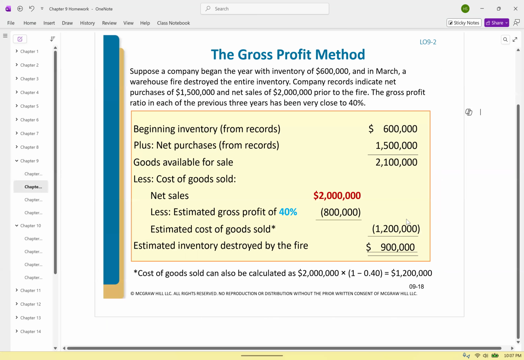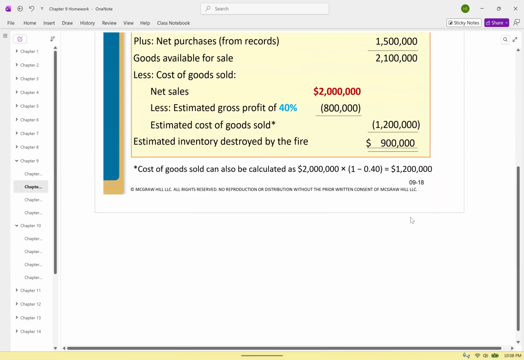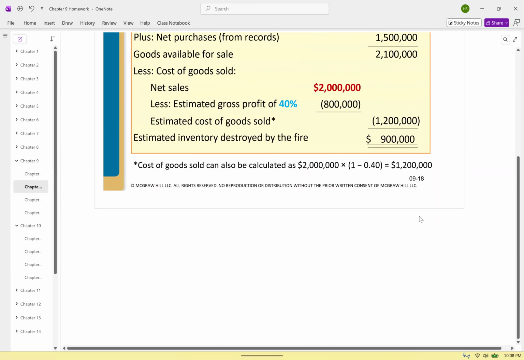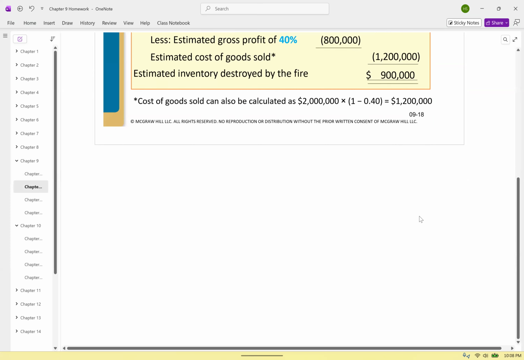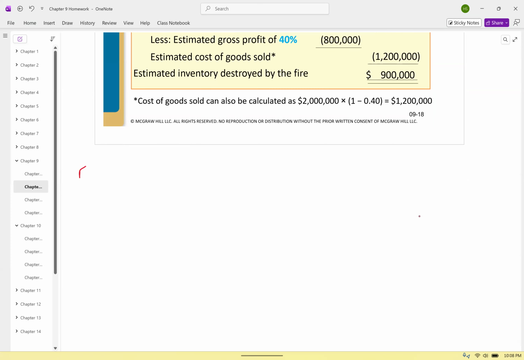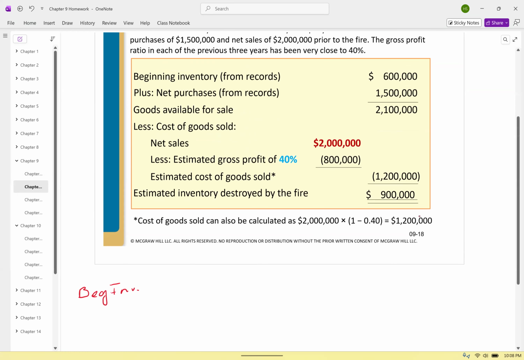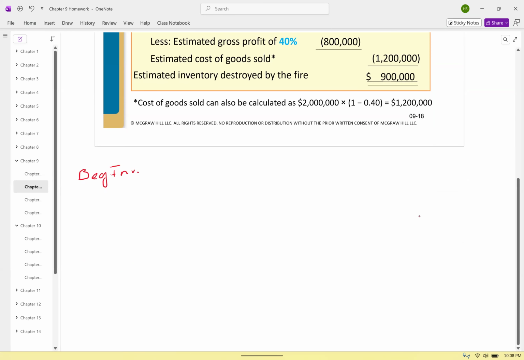So I want to come down here and write these out in two separate things because it kind of helps that you have them. All right. So we have our beginning inventory, which is 600,000.